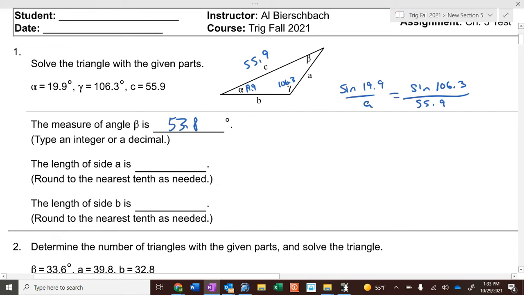To find B, the sine of B, which we just figured out is 53.8, over B equals the sine of 106.3 over 55.9. Why did I use sine of 106.3 over 55.9 versus the sine of 19.9 over my answer from part A?